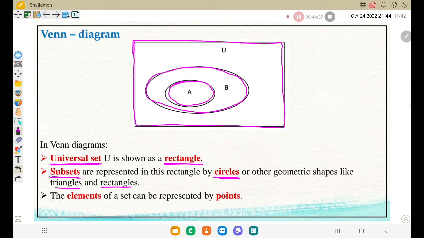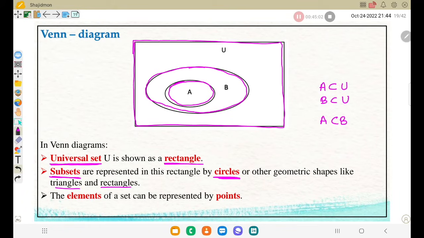A and B are two subsets, correct. A is a subset of the universal set, B is a subset of the universal set here. Also A is a subset of B, because all the elements of A belong to B. Complete A belongs to B. So A is a subset of B also here. So a subset is always represented by a circle or another geometrical shape.